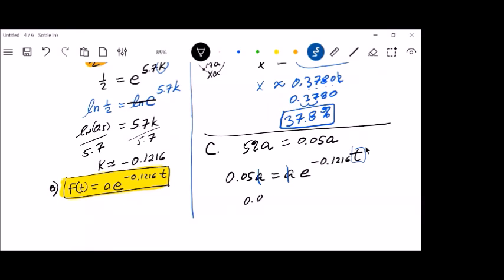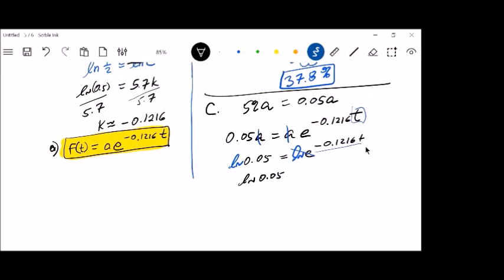That means if we have 0.05 equals e to the negative 0.1216 t, we are applying natural log to both sides so that the exponent comes down to the main part of the equation. And so we have natural log of 0.05 equals negative 0.1216t, divide by negative 0.1216.